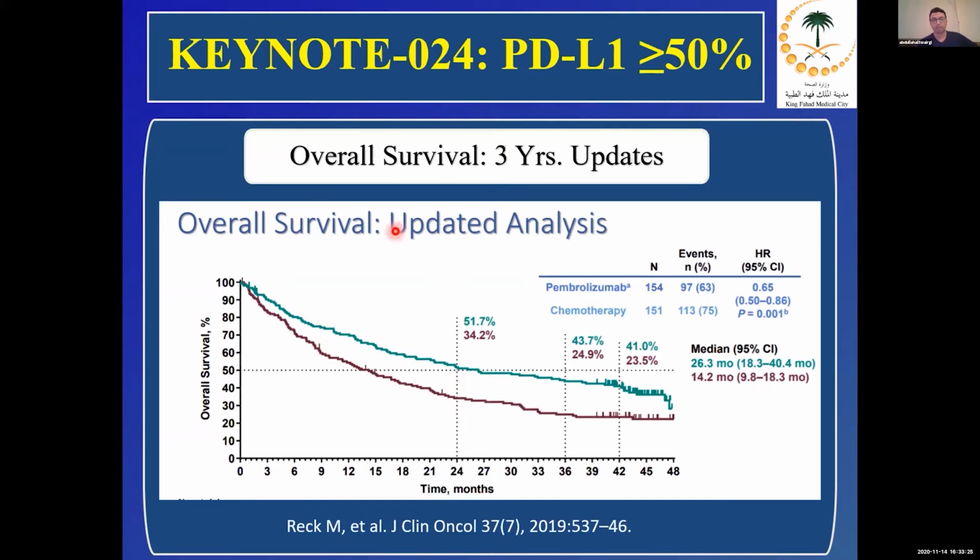That was the updated survival data at 3 years, showing almost double median survival for those patients who received the pembro non-chemo regimen versus the chemotherapy. And this benefit seems to be preserved even with longer follow-ups. So that's why pembro became a standard of care in the frontline setting, only in patients with PD-L1 positive and high expressors as well.